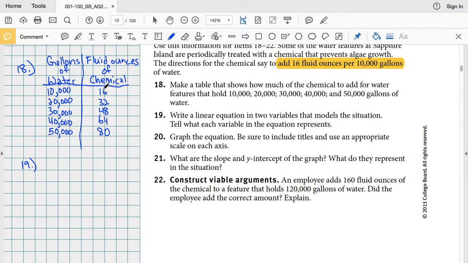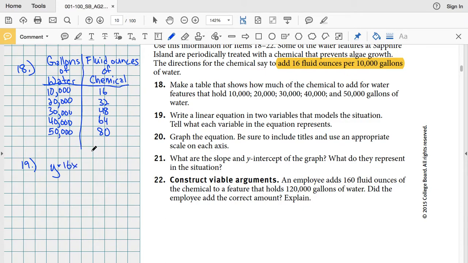But I'm just leaving these in, just per gallon of water and physically writing out each one of those. And same thing with fluid ounces. So some of you, if you wrote it like this, then really we need to figure out what is the rate of change. You might automatically think it's just 16. So like the answer would be like this, y is equal to 16x.